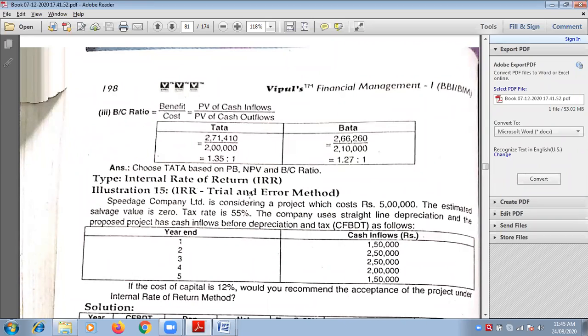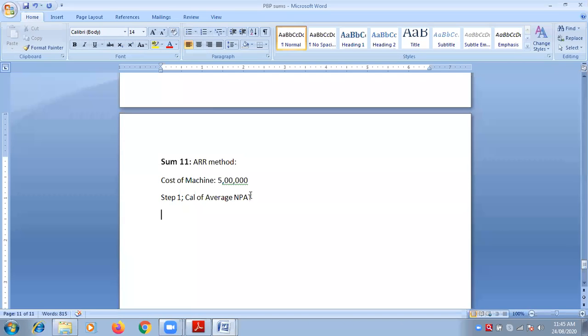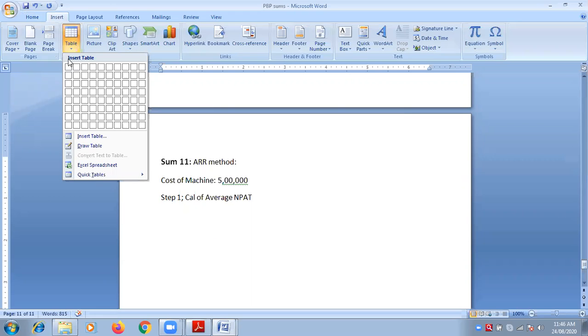Doing each one separately will consume a lot of time, so what we can do is make a table and do it quickly. First column would be year. Second column would be net profit before depreciation and tax, which is given in the question.